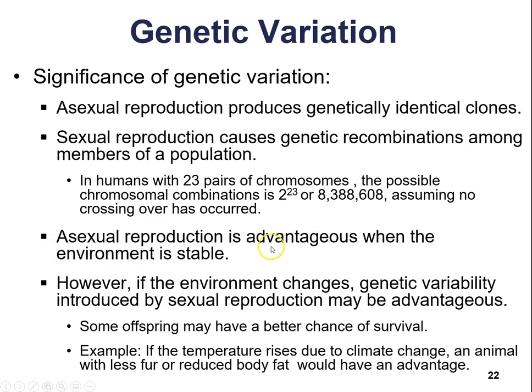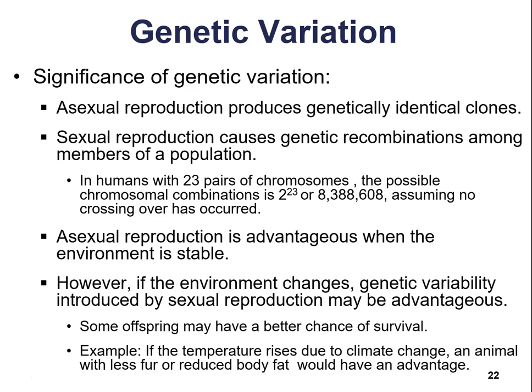So asexual reproduction is advantageous when the environment is stable, right? If there's nothing changing in the environment, then sure, you can quickly reproduce and have no genetic variation and they'll all be fine. However, if that environment changes, you would want to have genetic variability amongst those individuals of the population because some of them may be more suited for that new environment.